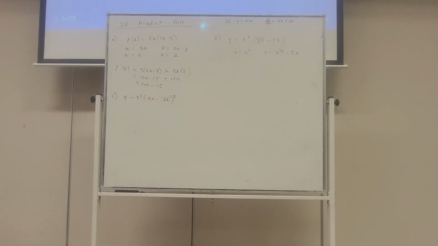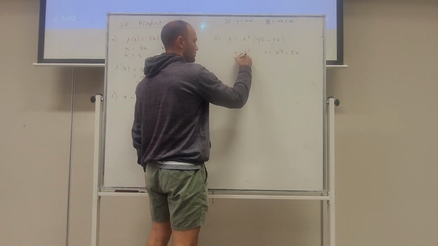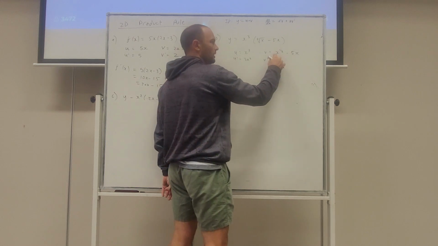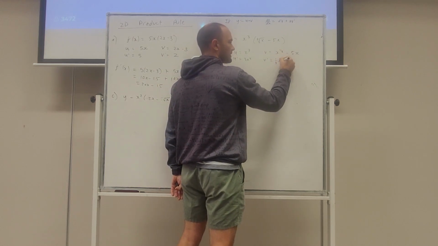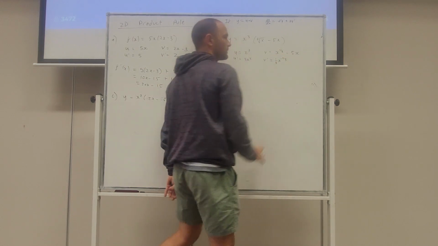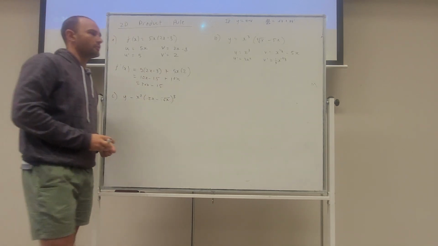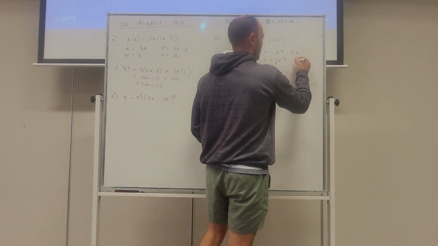So we have u and v. So u dash then will be 3x squared, and v dash will be a third x to the power of minus 2/3. Okay, just using the power rule. And the derivative of 5x will be 5.